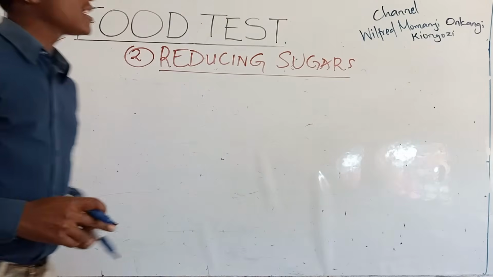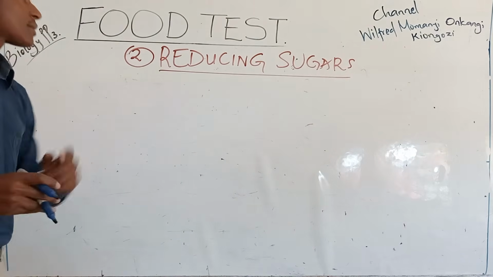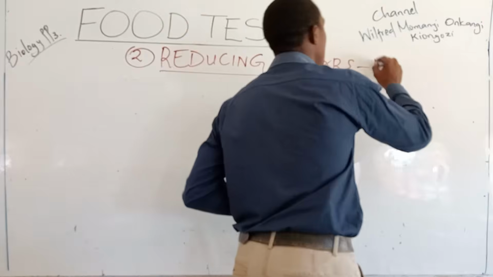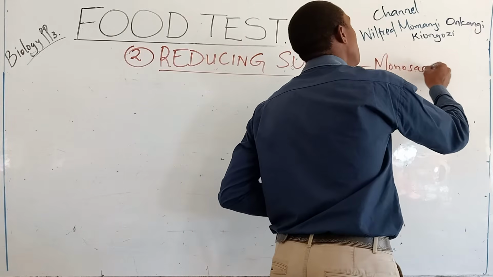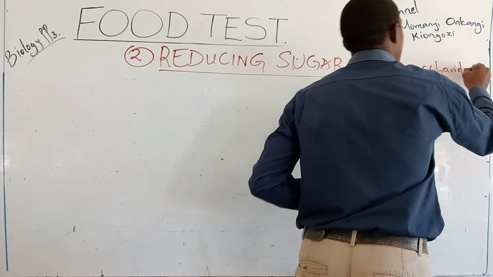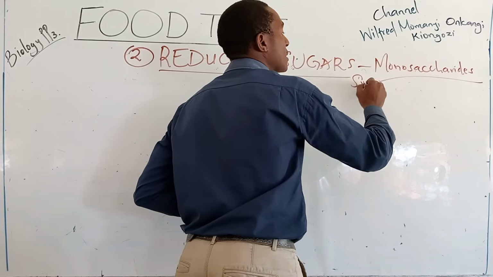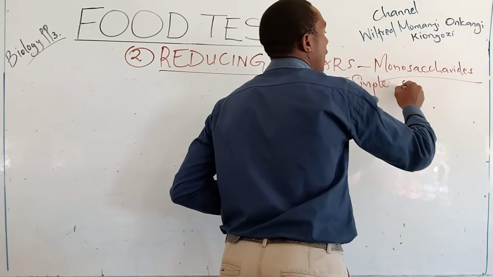The category of these foods, reducing sugars, are monosaccharides. That means we call them simple sugars.